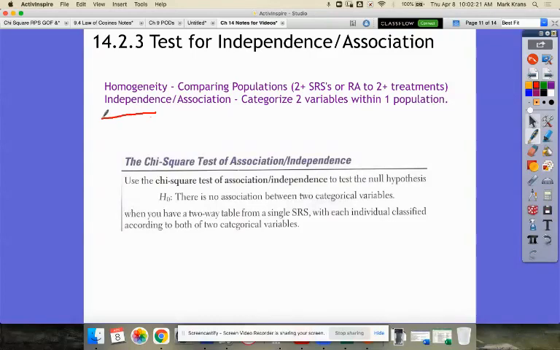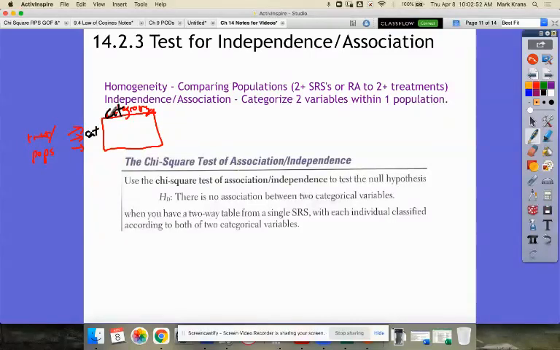So here, if it's homogeneity, you're going to have a categorical response variable, a category over here. But this category is either treatments or populations, the different treatments or different populations. But if you're doing independence and association, this is still a category, and this is just another category that you're choosing to compare.